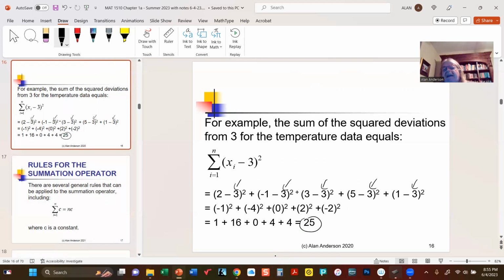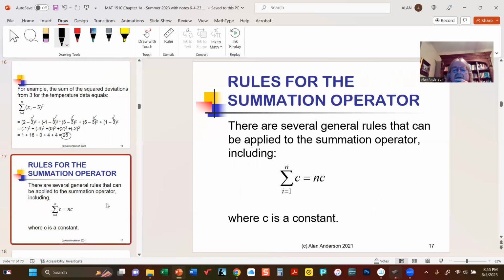Now, these are specific cases, but we can define several key rules that will make it easier for us to deal with the summation operator. For example, if we have a sum of constants, let's say we're being told to add up 5.